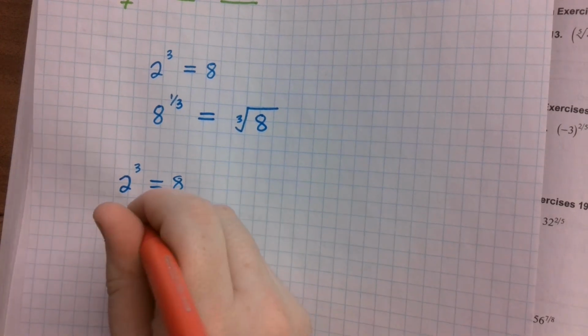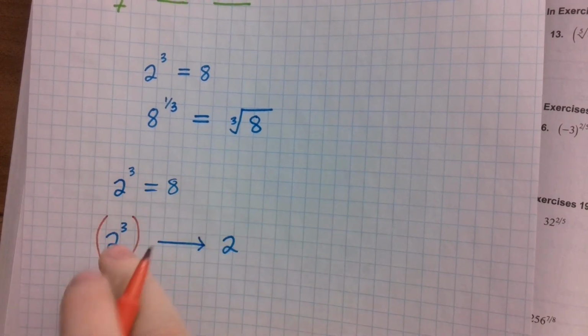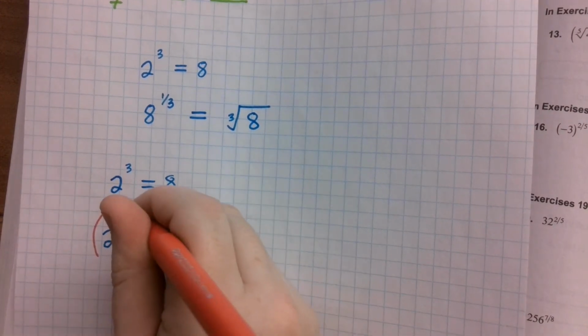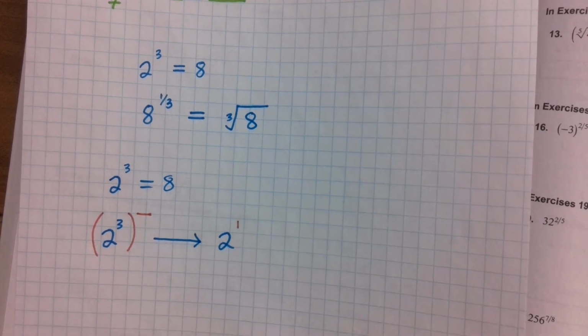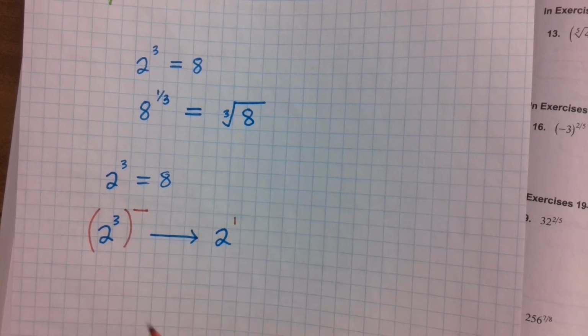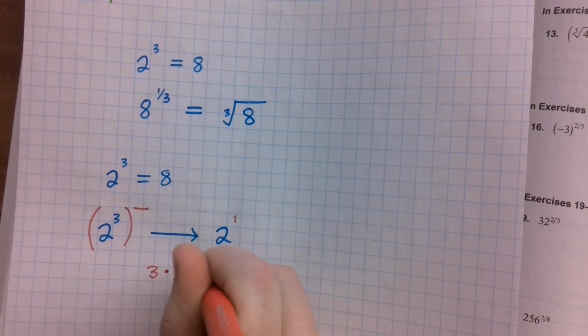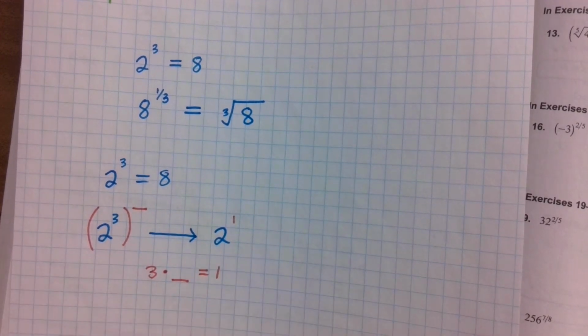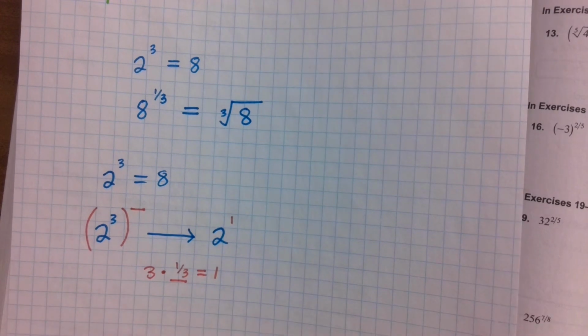We have a rule that we can use, the power of a power property. If we had some exponent to multiply the top by, 3 times that, we could get back to 2 to the first. But that brings up another question. 3 times what will equal 1? 3 times 1/3 equals 1.